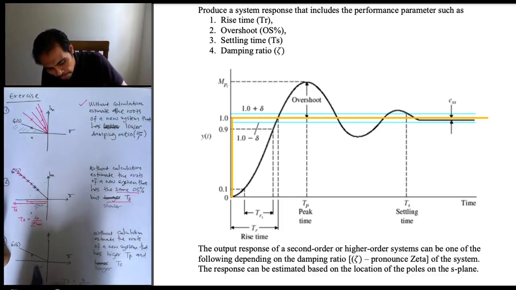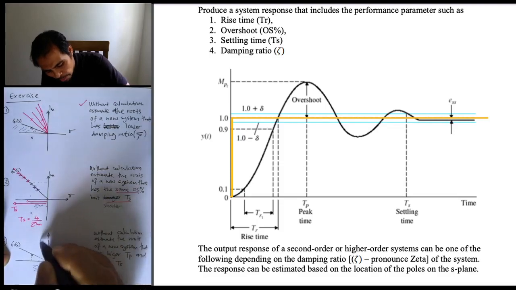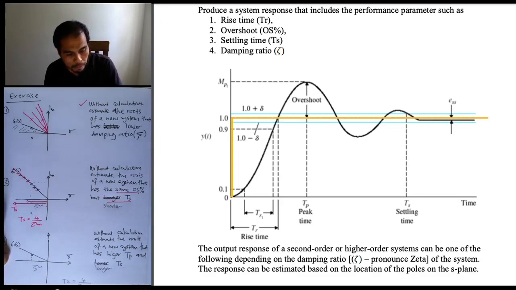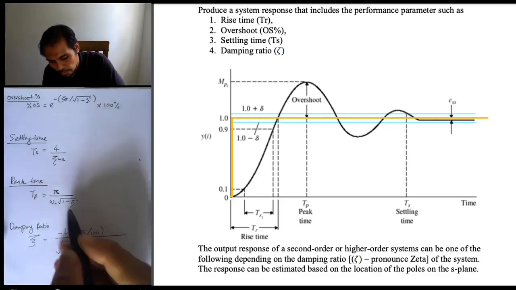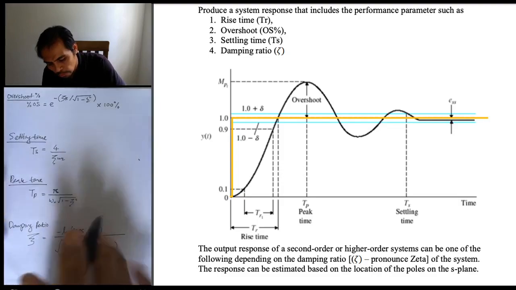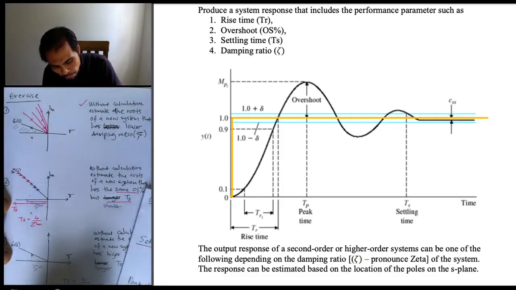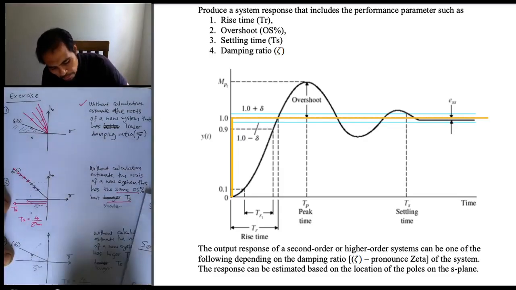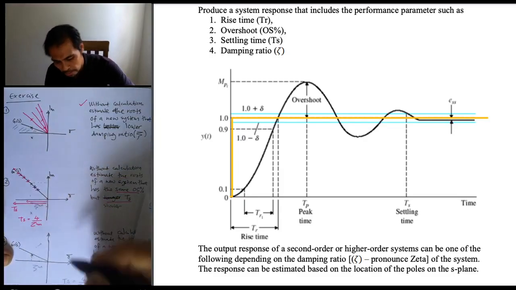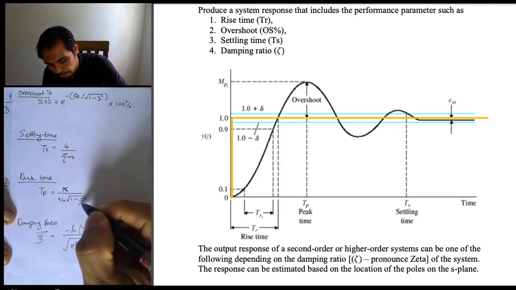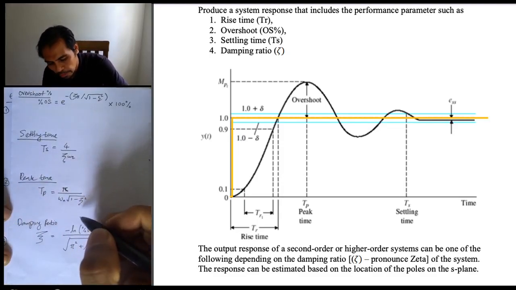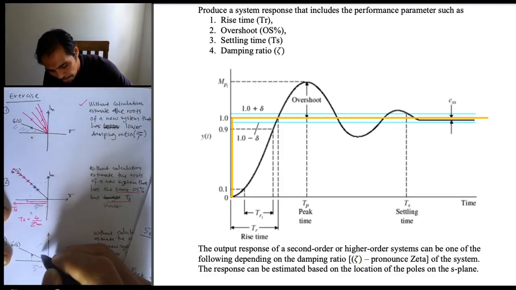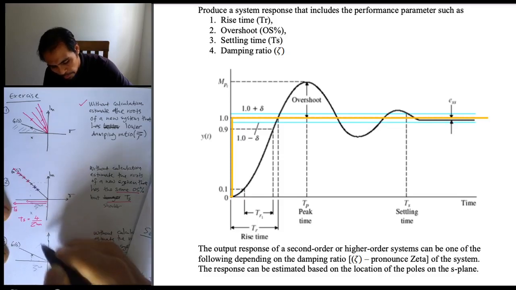The TS is higher. But for TP, we need to increase it upward, then it will increase the TP, because TP is a function of 1 over zeta, right? When zeta reduces towards this direction, TP increases, right? When zeta reduces, TP increases. So TP is increased when the roots go this way, right?